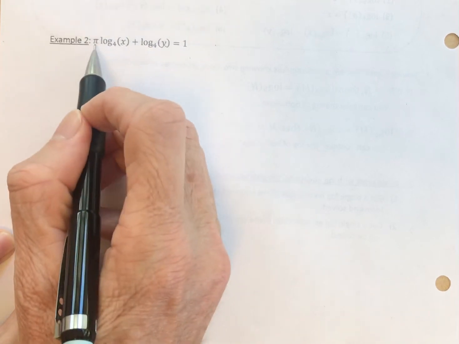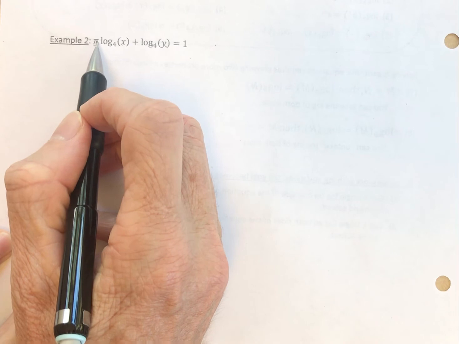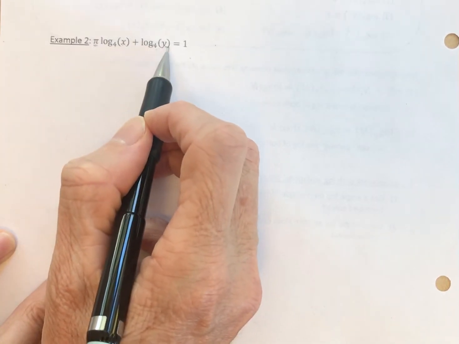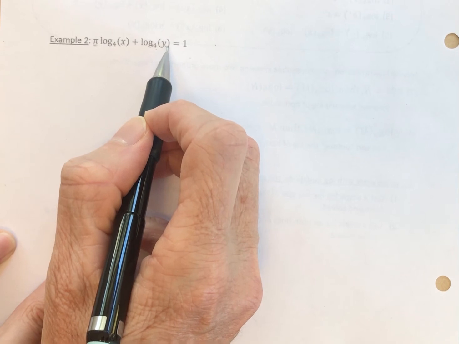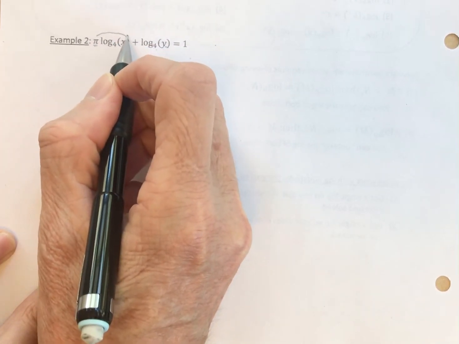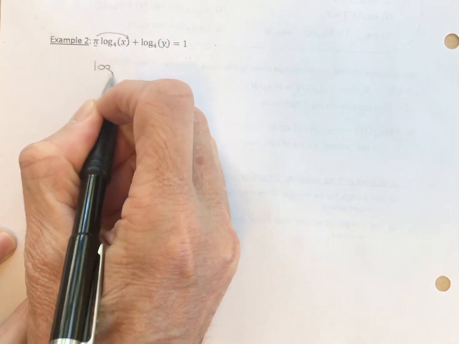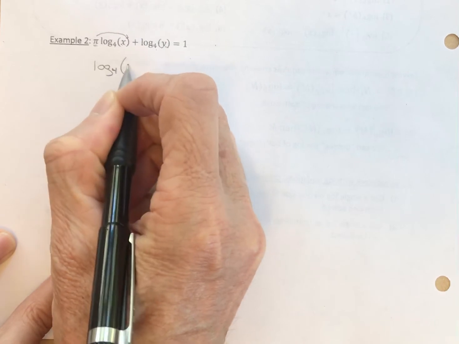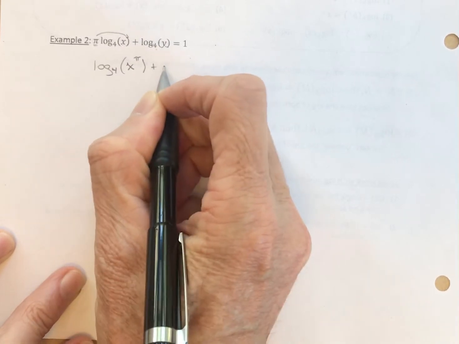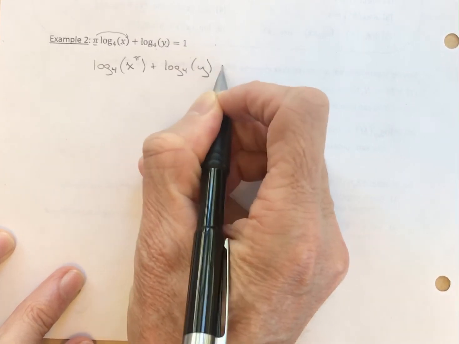However, I got to deal with this first. I got to deal with that pi. I can't multiply pi by log base 4 of x plus log base 4 of y. I can't do that. But if I take advantage of property 6 and move the pi over to here, I'll have log base 4 of x to the pi plus log base 4 of y.